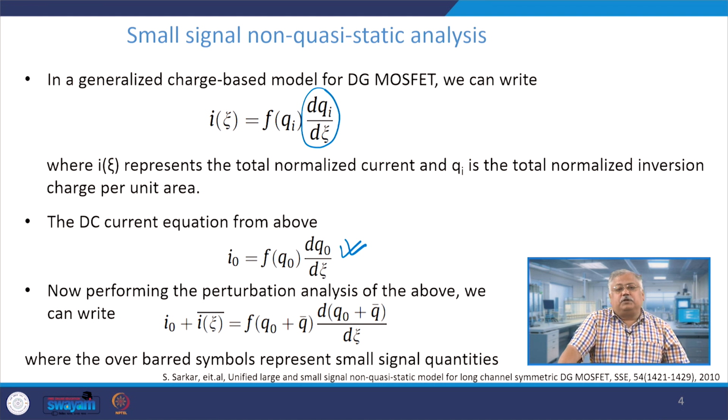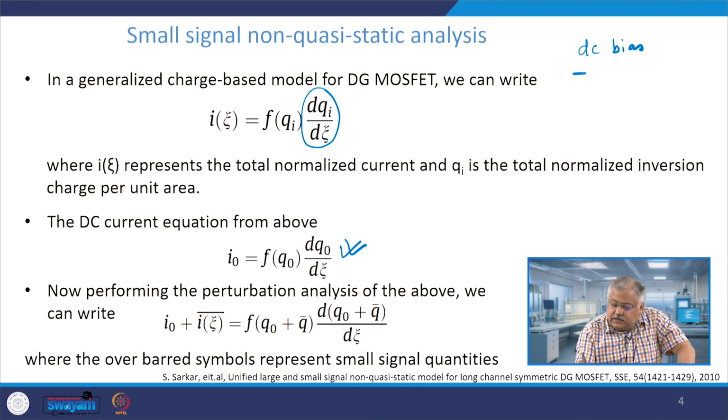What is the meaning of perturbation analysis is that I take the DC value as I0 fixed and superimpose over it a small perturbation I of chi bar, which is basically the variation in the current, the small signal current, because of the small signal non quasi static analysis, which means that I have a DC bias here, right.